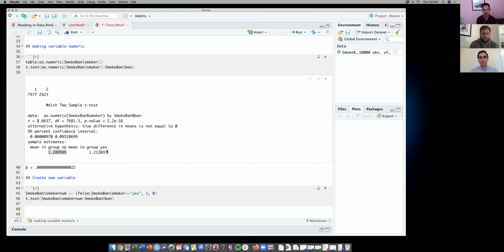What we really want to know, though, is whether that difference would be consistent if we got 10,000 other people or any other sample, whether there would still be some difference, and whether the workplace ban would still lower the amount of smoking. And a couple of things go into this test, which R is doing behind the scenes. It's looking at how big the difference is between the two means, how large our sample is, and how much variation there is in our two means.